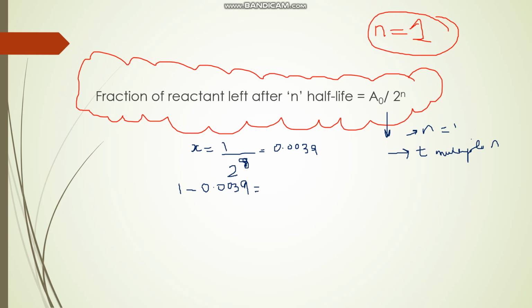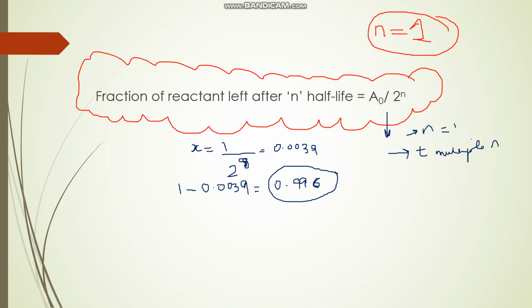It would come to somewhere around 0.996, right? Please bear with my handwriting. Actually, I don't have any equipment to write, so I'm just using my mouse, so that's why it's coming out so haphazardly, right? Okay, fine. So this much amount of your reactant has reacted in your reaction mixture in 8 half-lives, right?